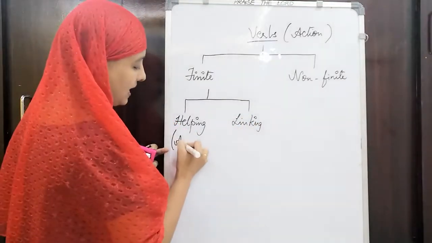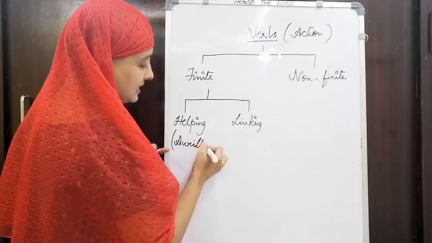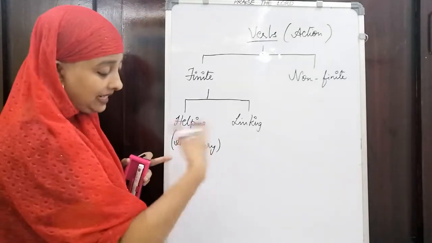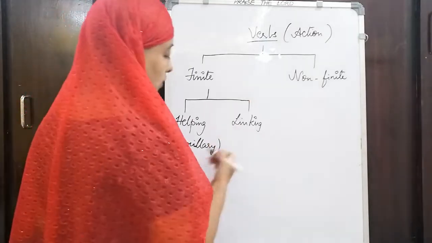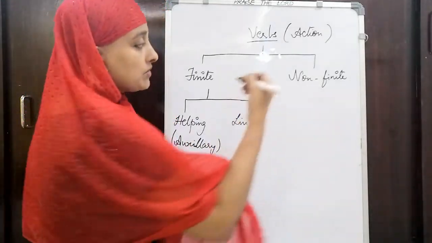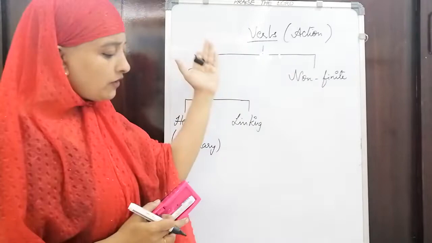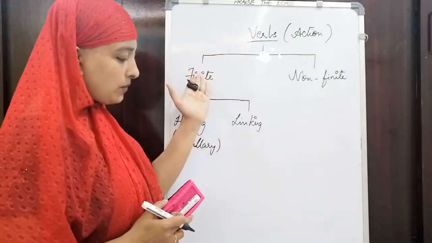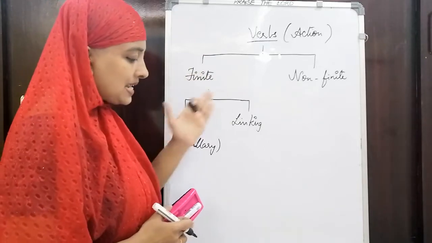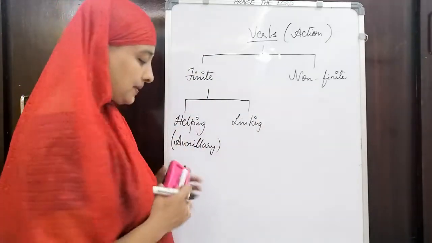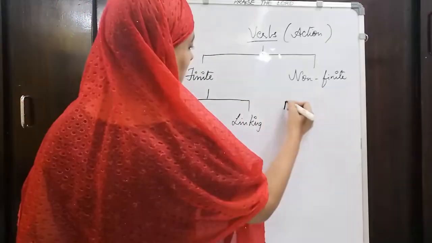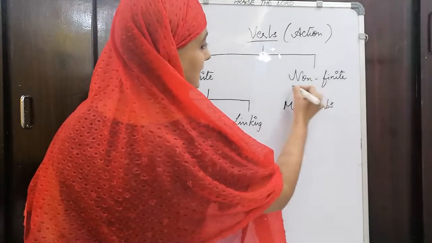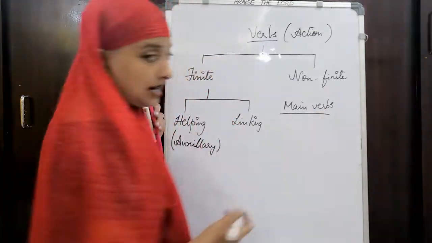Helping verbs are otherwise called auxiliary verbs. The further subclassification of auxiliary verbs, I'll make in another chart. In finite verbs only you will have helping verbs as well as main verbs. Non-finite also I'll make in another chart.